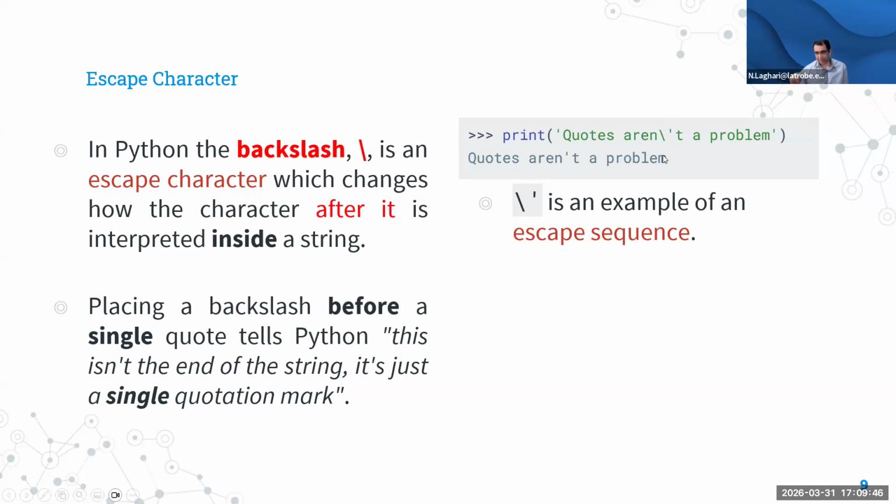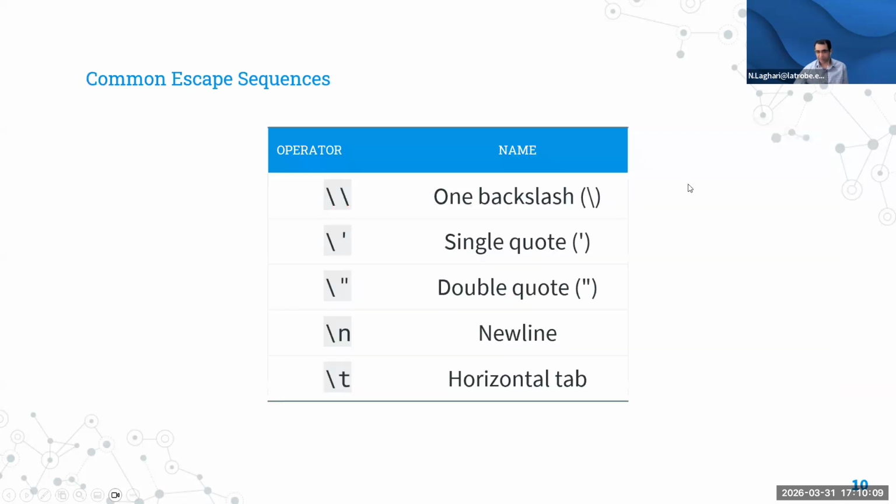If we close our single quote within the string, the print statement thinks that you have already closed your string, and it will not treat the rest as part of that string. So we need to mention that we need to print this apostrophe or single quote as an escape character, and it prints basically this.